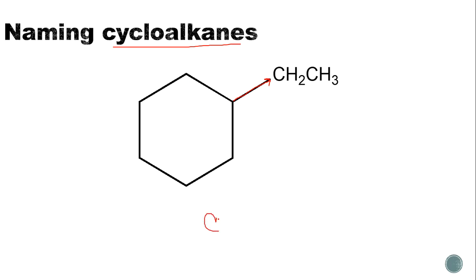So this is, remember, cyclohexane, because it's 6 carbon, and because it's all single bonds. And all I need to do is tell the viewer what is attached to cyclohexane. So this is a 2-carbon chain that I put on here. So that's going to be ethyl.